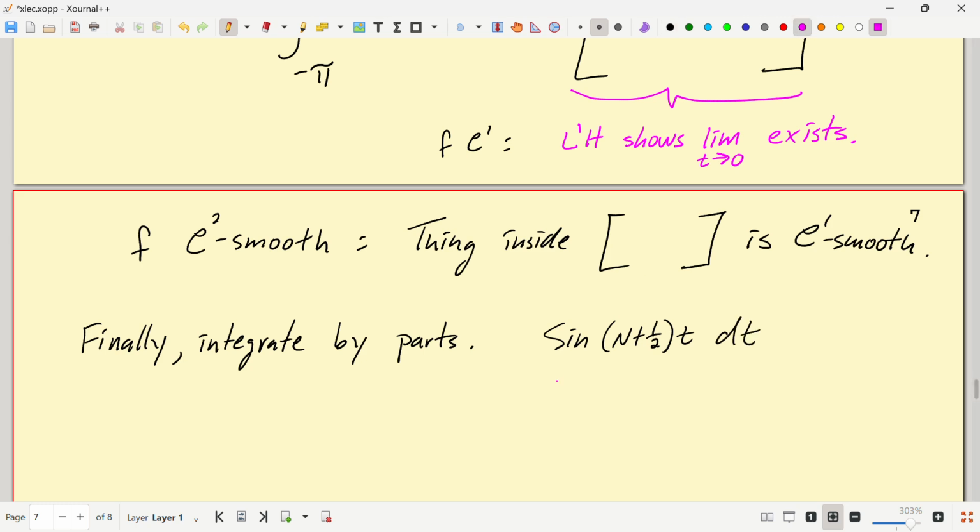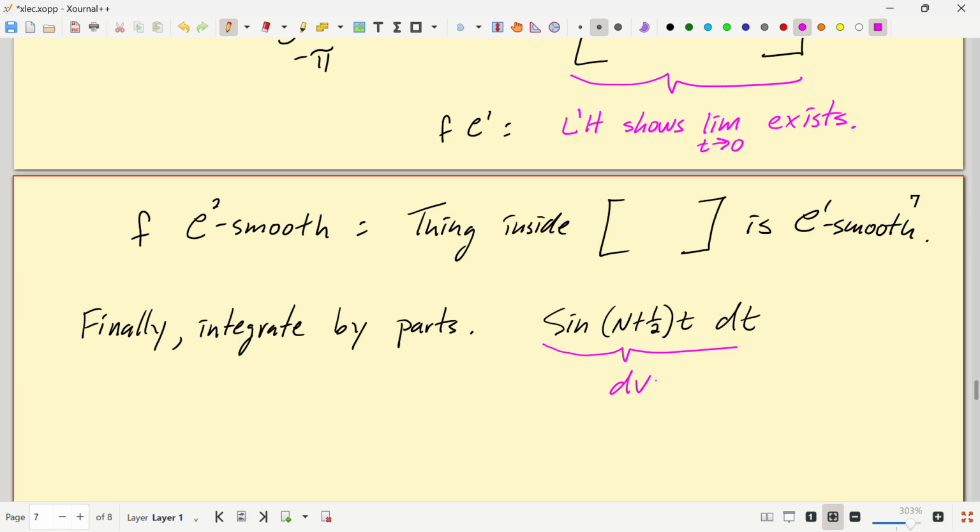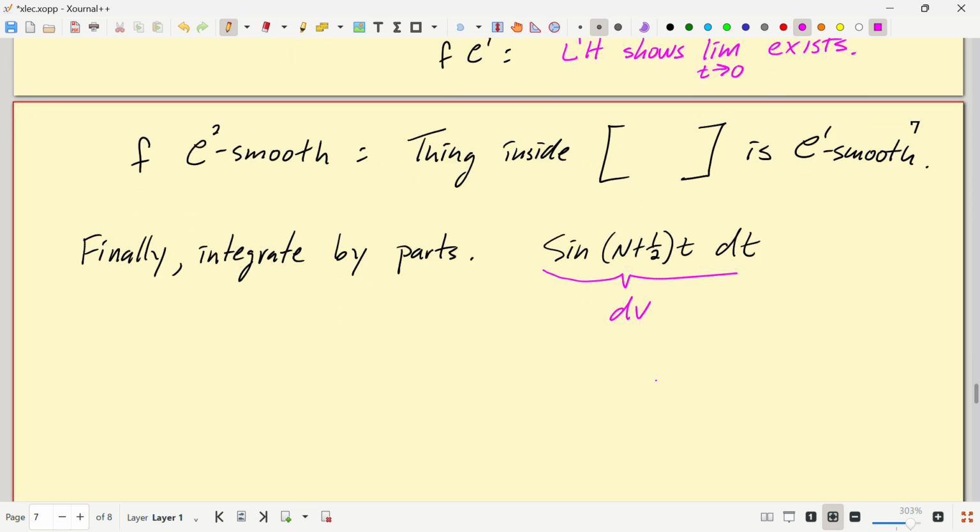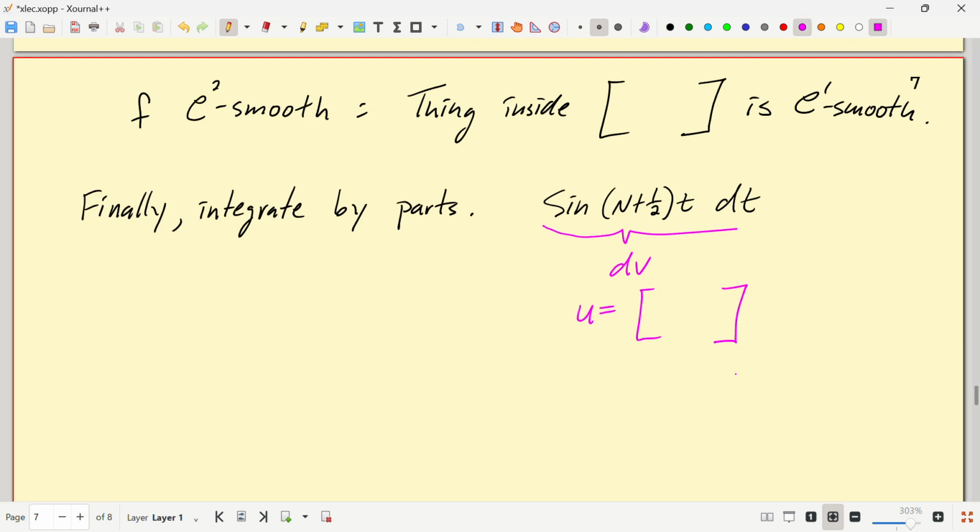And the thing in the square brackets would be the u part. And when you do the integration by parts, a 1 over n plus a half pops out.